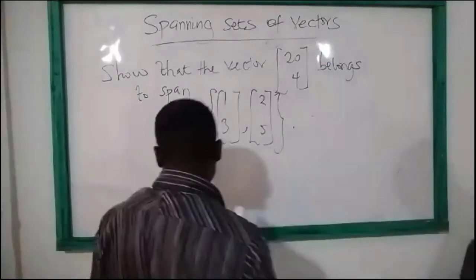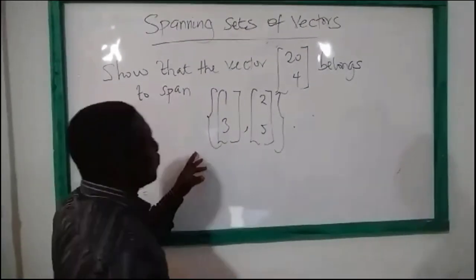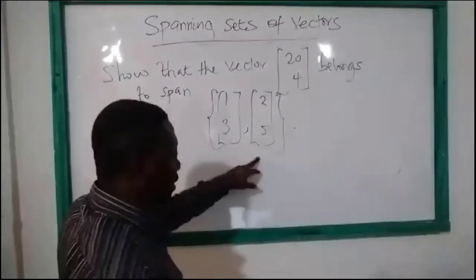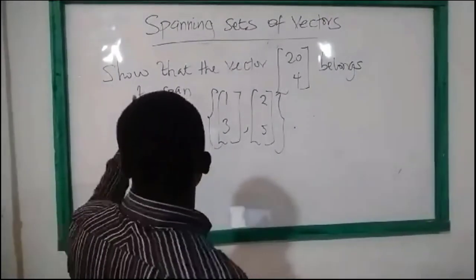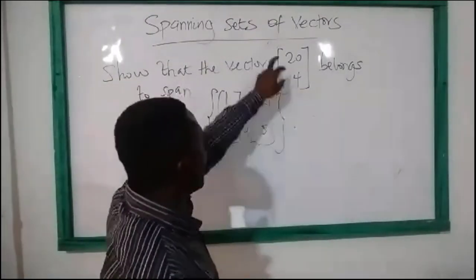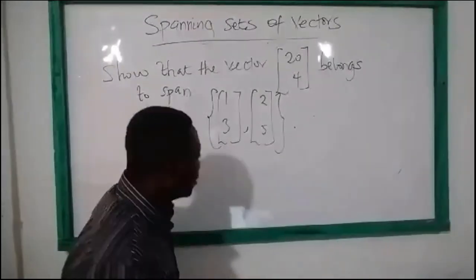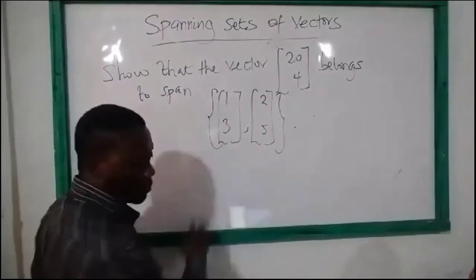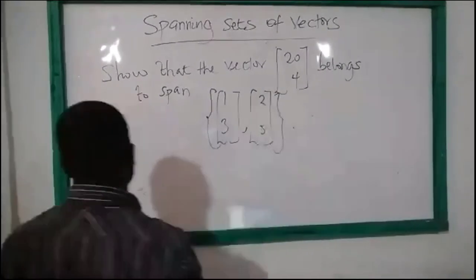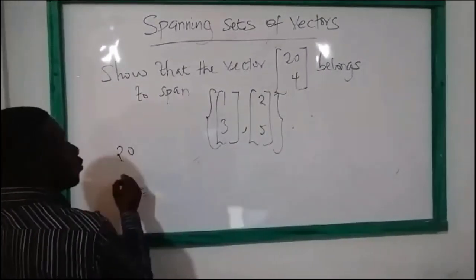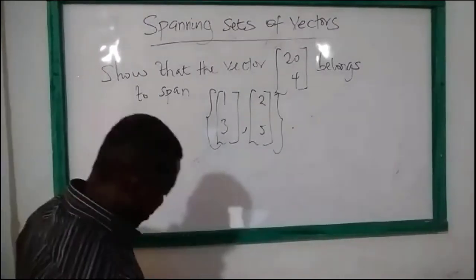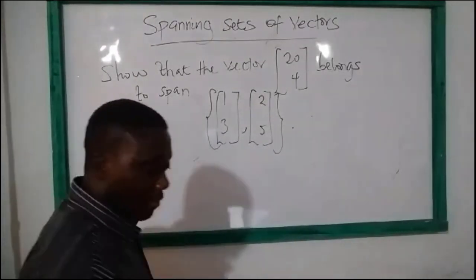These are the set of vectors that are given, and we are to show that this set of vectors spans the vector that is given. So we express this as a linear combination of these vectors. It's going to be (2, 4), a two-dimensional vector.